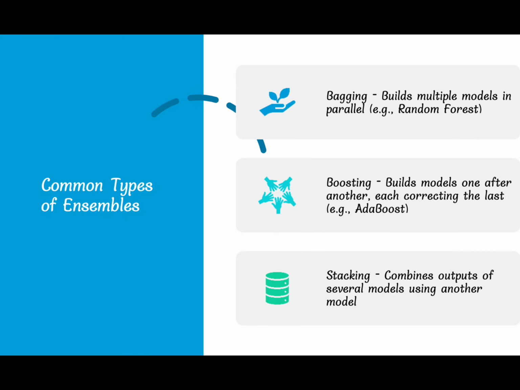Each new model tries to fix the mistakes of the previous ones. AdaBoost is a common boosting method. The third is stacking. It combines the outputs of several models and passes them to another model to make the final prediction. All of these techniques help improve the overall performance of machine learning.